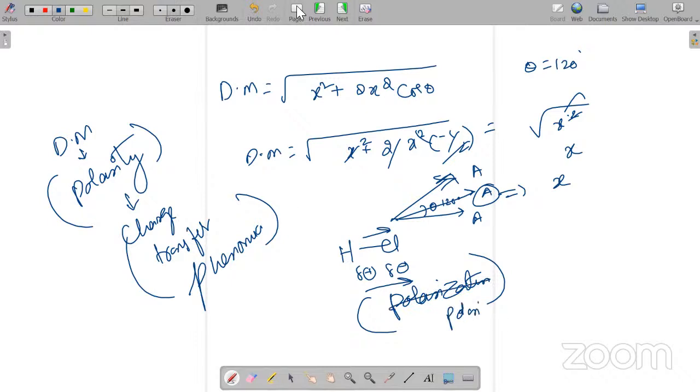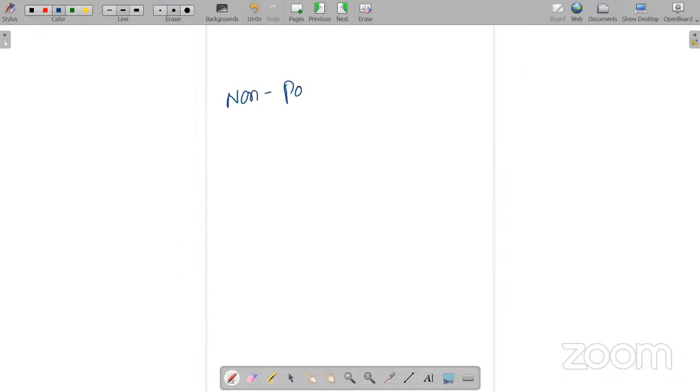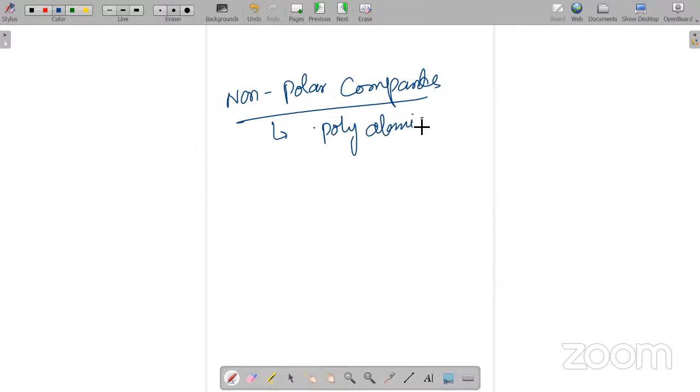Next, non-polar compounds. Now I am going to find the non-polar compounds. There is a short trick for this one, which is very easy. For the non-polar compounds, usually polyatomic species. What are polyatomic species?